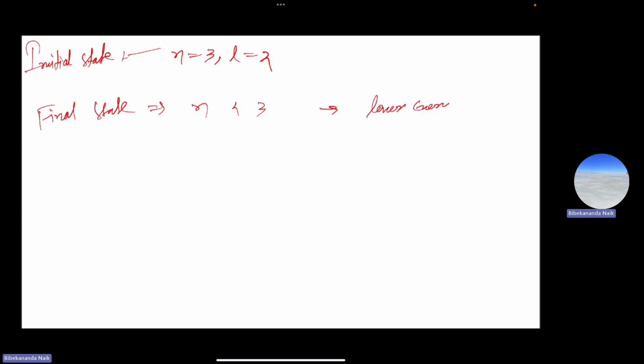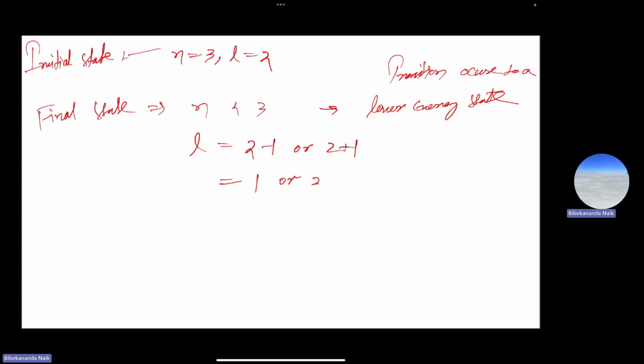because the transition occurs to a lower energy state. So n should be less than 3, and again L should be 2 minus 1 or 2 plus 1. So 1 or 3.